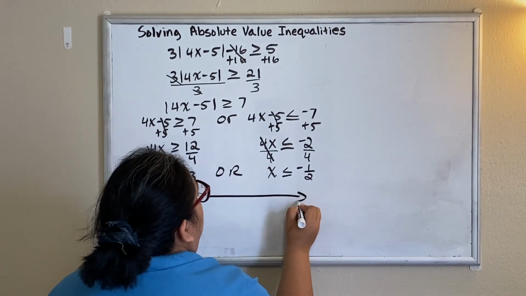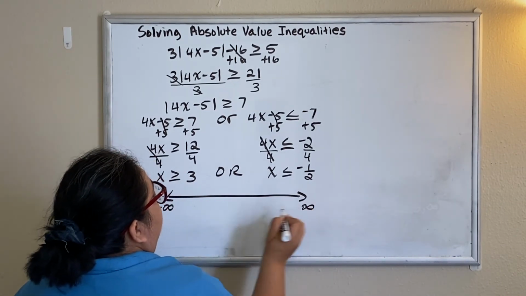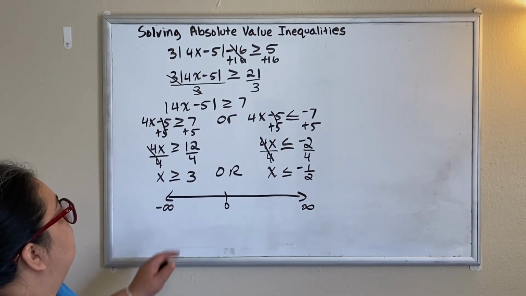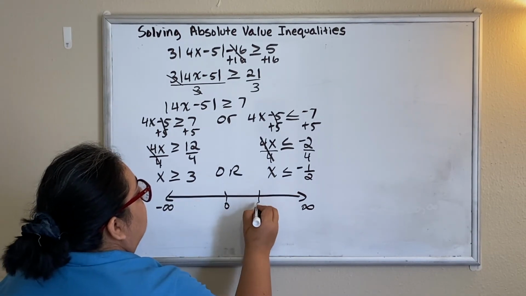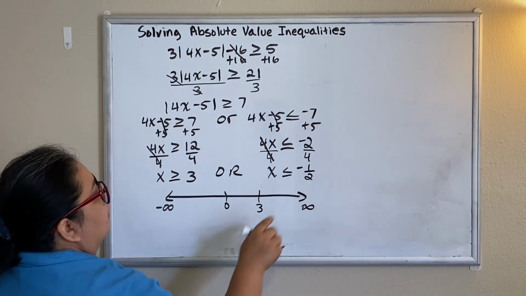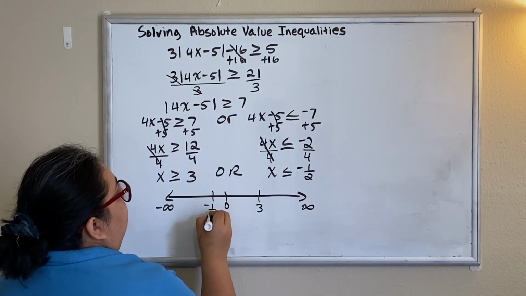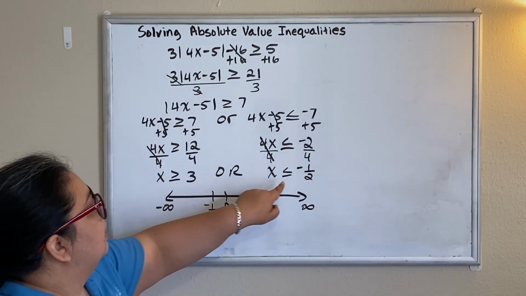So on the number line, going from negative infinity to infinity with 0 somewhere in the middle. This is a positive number, so that's going to be to the right of 0. So 3 is somewhere to the right. Negative 1/2 is somewhere to the left. This is or equal to. It's got the equal to symbol.